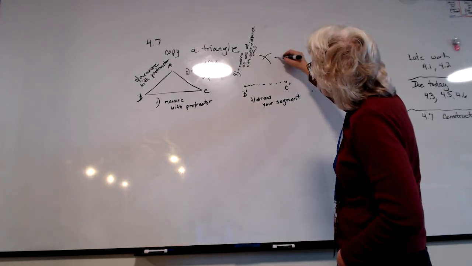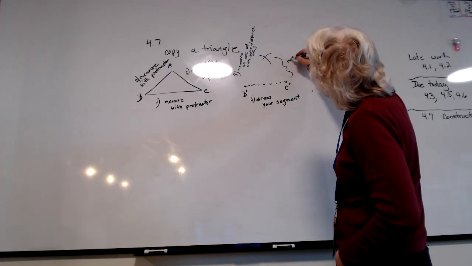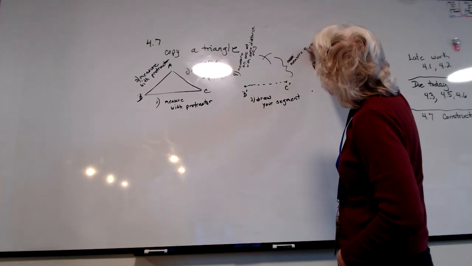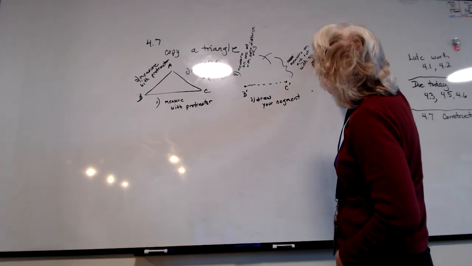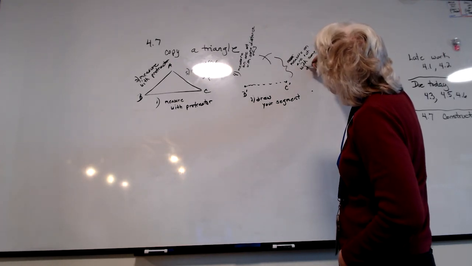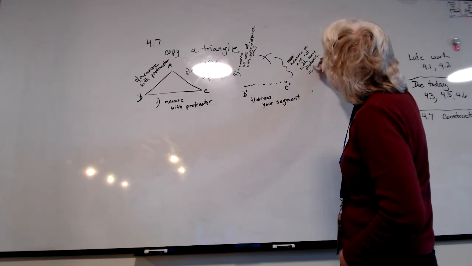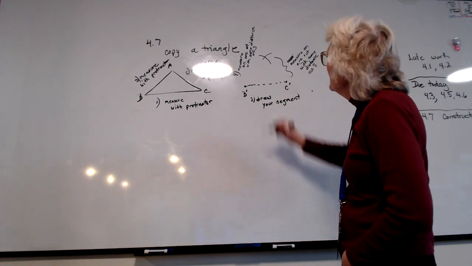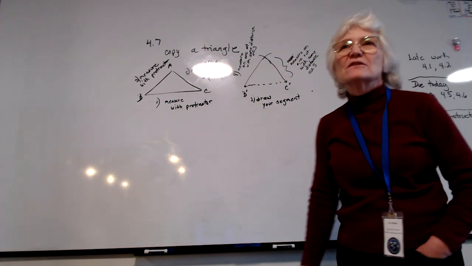So then you're measuring an arc out with the same distance as 5, step 5, and then you can connect that point, and that gives you your triangle.